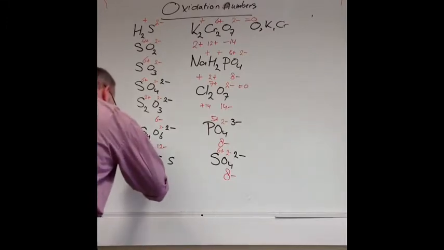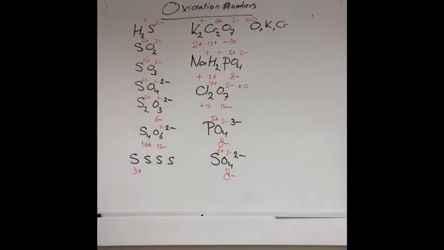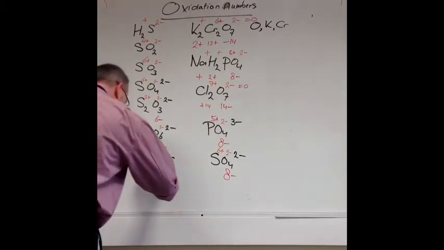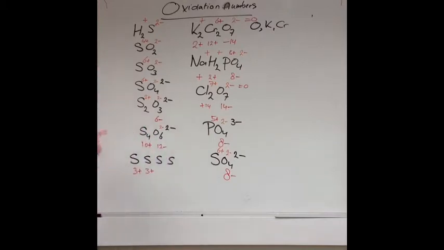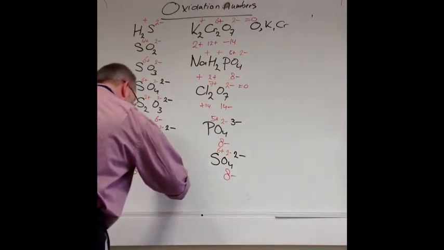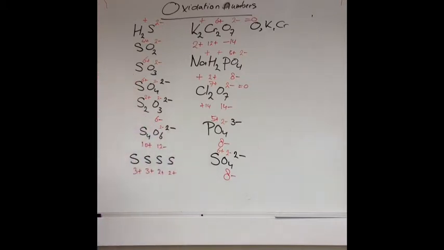Well, you give 1 sulfur 3 pounds. You give another sulfur 3 pounds. And then the last remaining ones, you can only give them 2 pounds each. So 2 of the sulfurs will have an oxidation state of 3 plus, and the other 2 sulfurs will have an oxidation state of 2 plus.